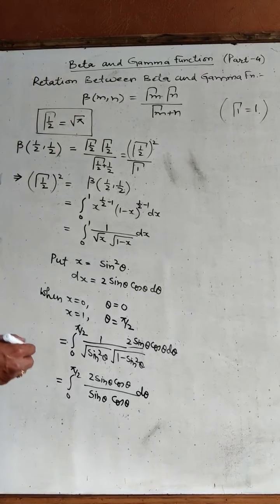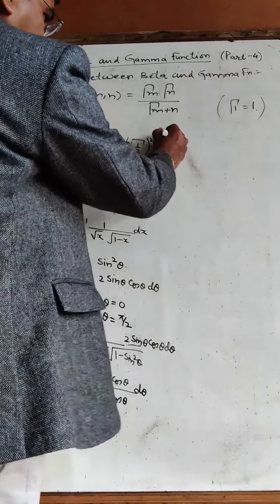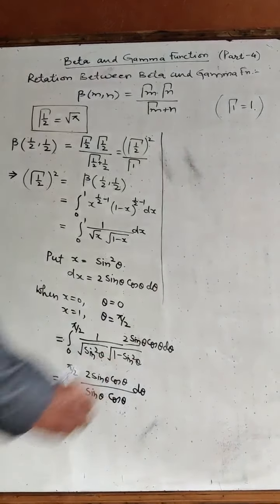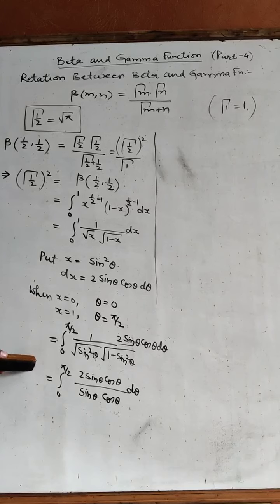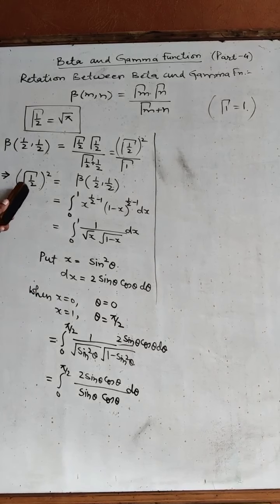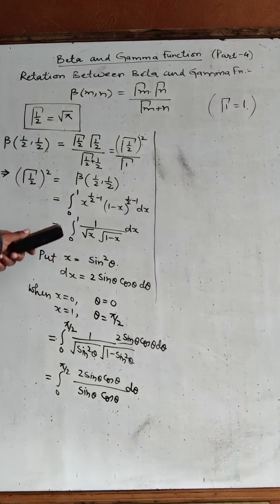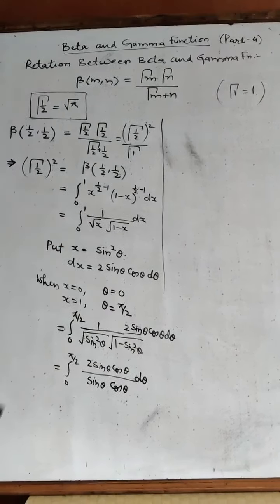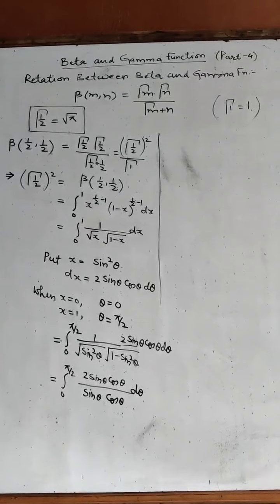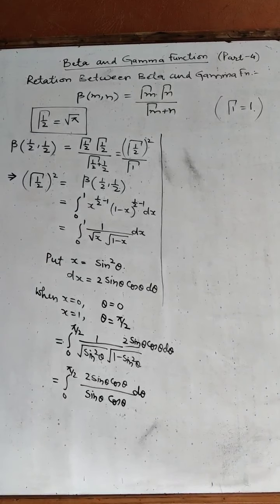Watch again: gamma of 1 by 2 whole square is equal to the integral from 0 to 1 of 1 over square root of x, square root of 1 minus x dx.